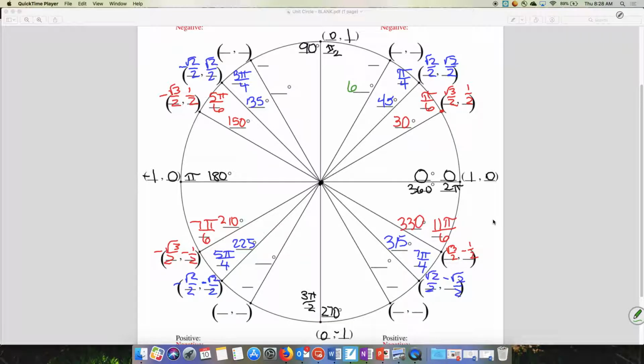60 degrees is how many radians? Pi over 3. Do you see how the 3 and the 6 like to go together? They're buddies. So is 1/2 and radical 3 over 2. They're buddies.